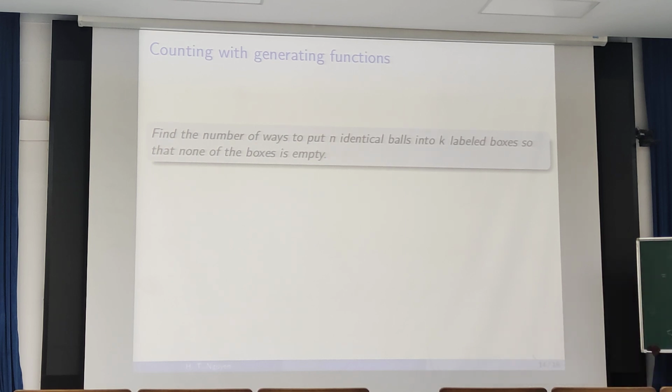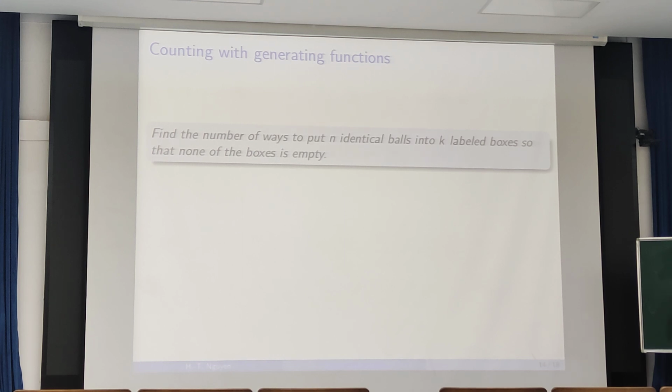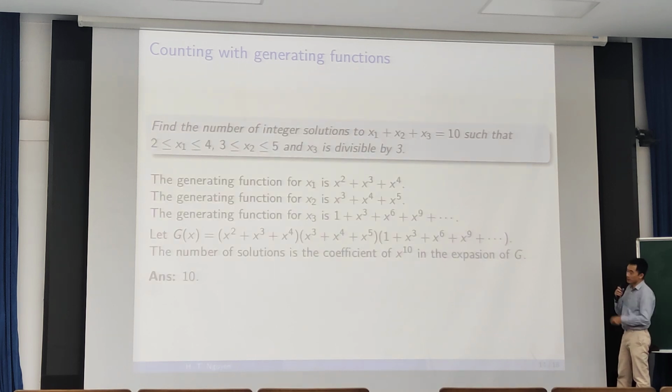In fact, you can rewrite this problem as follows. If you still haven't forgotten how we did it, you see that we can bring this problem to a form similar to this.